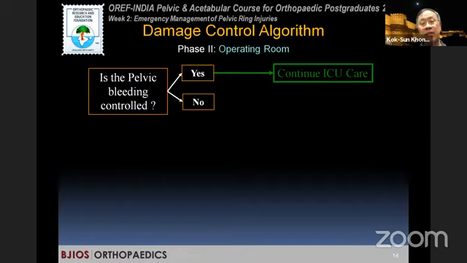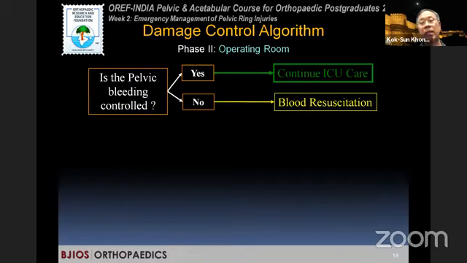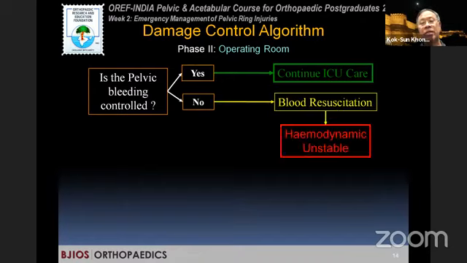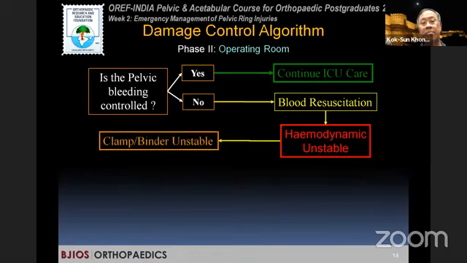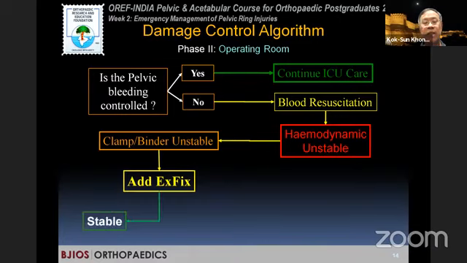If the pelvic bleeding has not been controlled, then after blood resuscitation you find that they're still unstable, and the binder or the clamp has been put on and the patient does not respond, then you may need to add an X-fix in the OR, and they can be either stable or unstable.